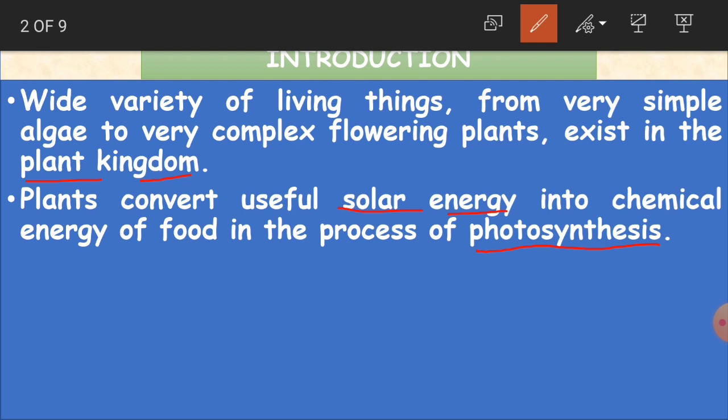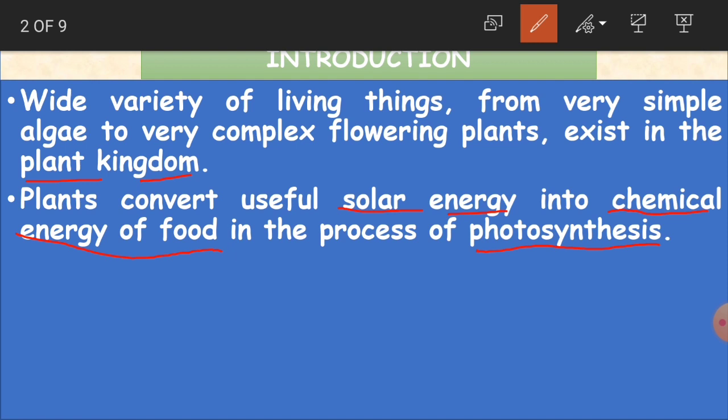This solar energy is converted into chemical energy of food. This process releases carbohydrates and a gas called oxygen. And carbohydrates are nothing but energy giving foods.